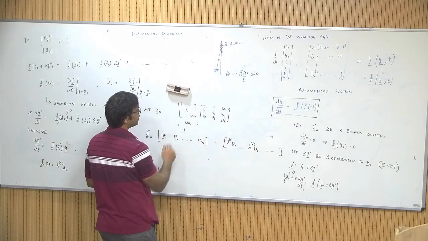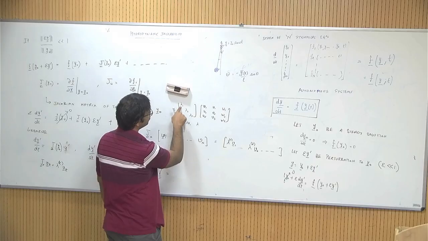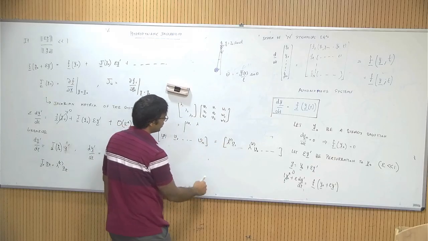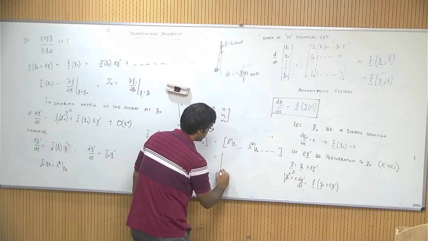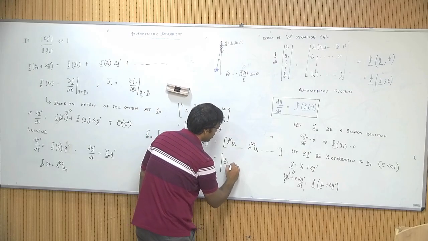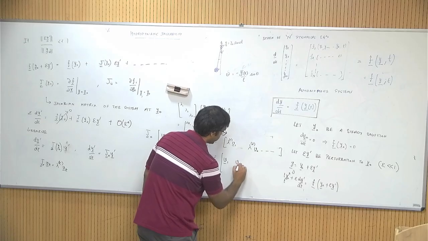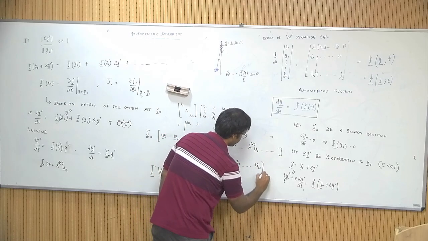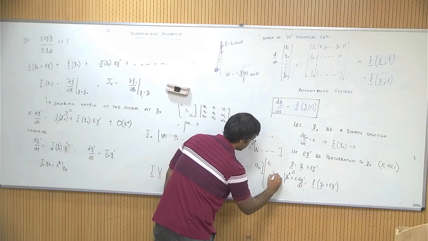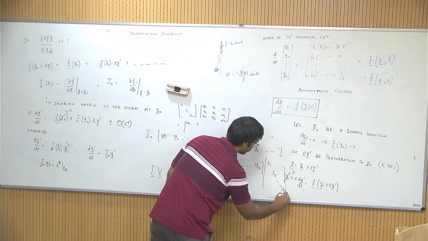This multiplication you can write, because you have to multiply this lambda only with v1 components, right? So, you can write it like this only. I had written it incorrectly, times a matrix lambda 1, lambda 2, lambda n.